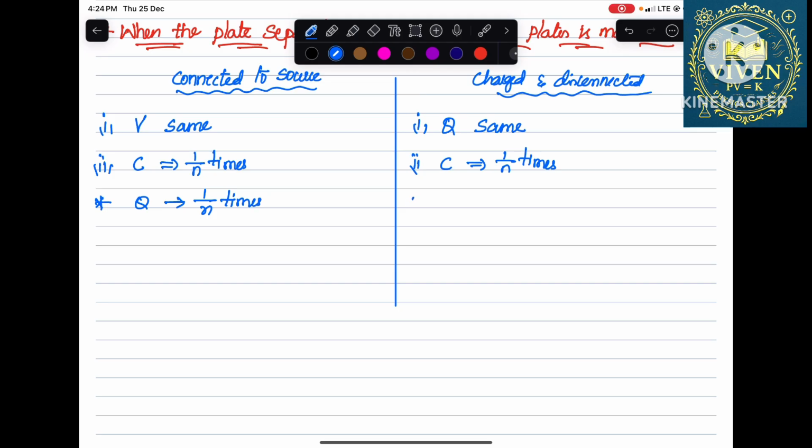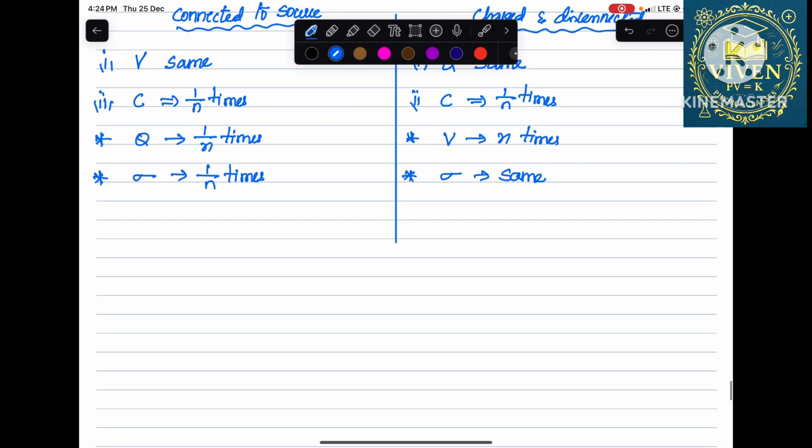but here V becomes n times. And here sigma turns out to be 1 by n times, while here sigma remains the same.